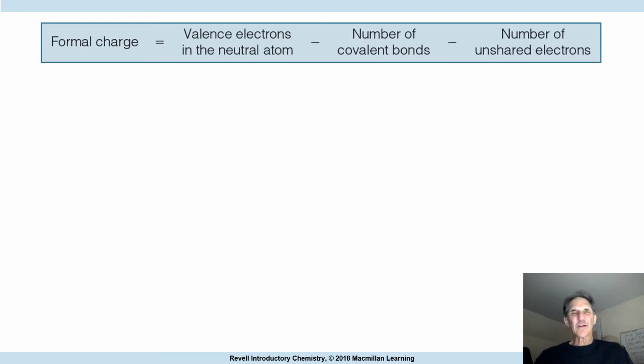That's just knowing the valence electrons right from the periodic table. We subtract the number of covalent bonds in the molecule, the ion in this case that we're talking about, and then subtract the number of unshared electrons. The unshared electrons, those are from the lone pairs.